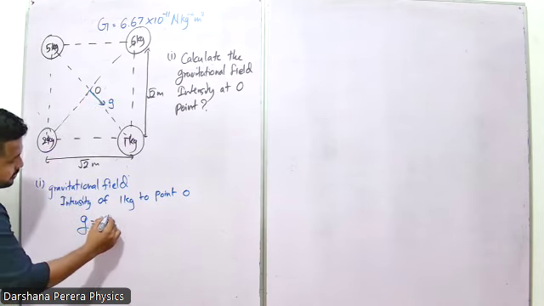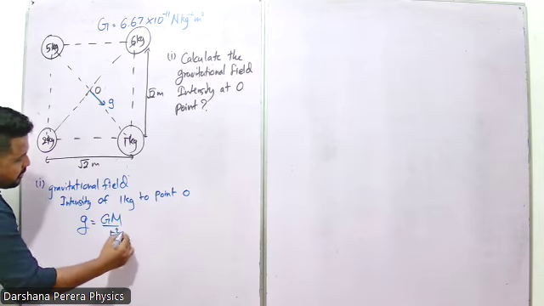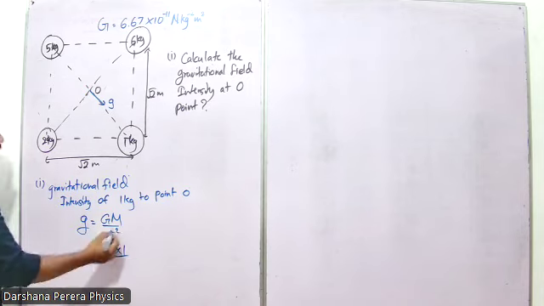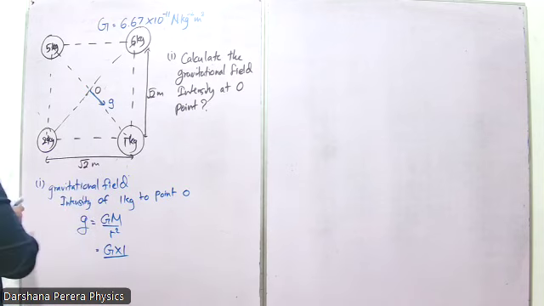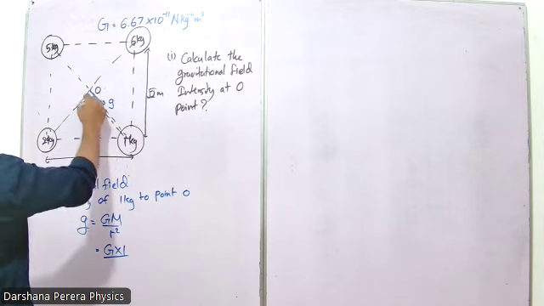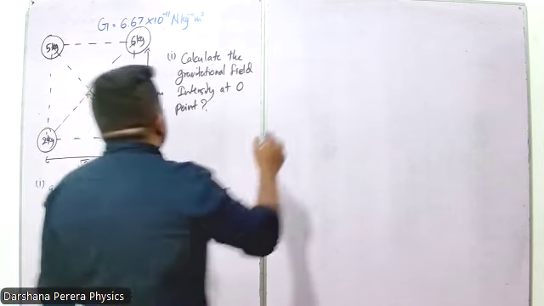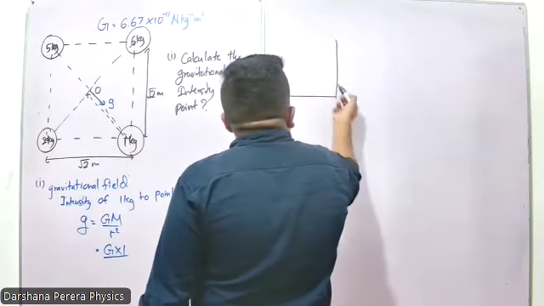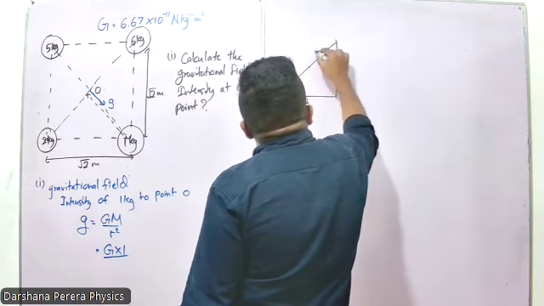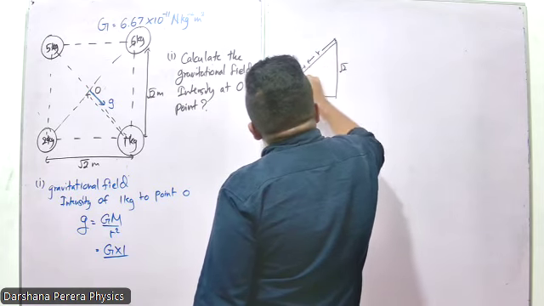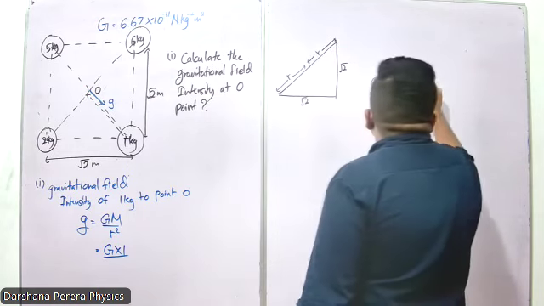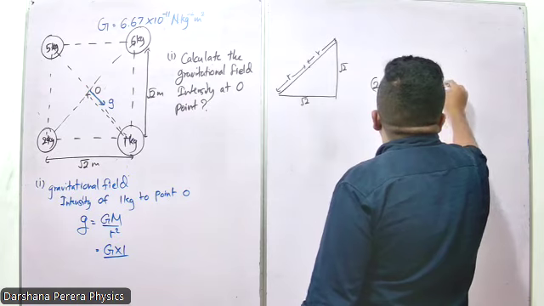G equals Gm over R square. Here G is G, M is 1, and R square means we have to take the length of this one. So how can I find the distance? That's a small calculation. This is root 2, this is root 2, so this is R and R. By Pythagoras theorem, 2R square equals root 2 square plus root 2 square.